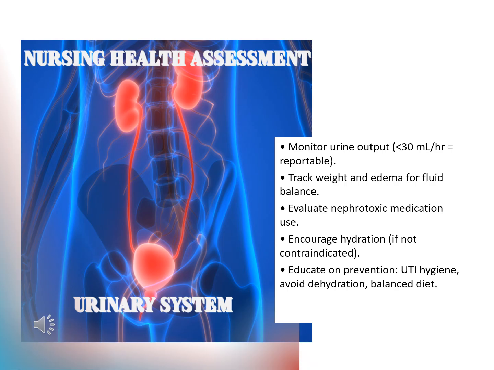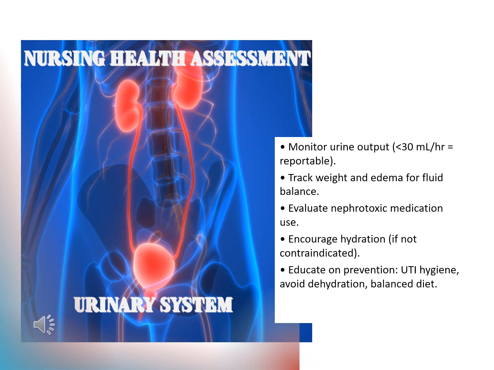We want to evaluate the use of nephrotoxic medications, things like Lasix, those diuretics, any medications that could either increase urine output or decrease urine output. We want to increase and encourage hydration, especially for patients that might be dehydrated or not having enough urine output, really making sure that they're taking PO hydration, if not IV hydration.